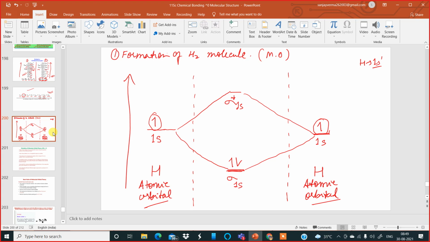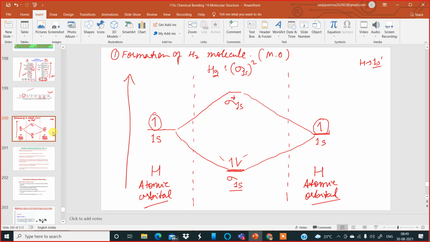Now this is the molecular orbital diagram for hydrogen molecule. This is how we represent sigma 1s. It has two electrons, both are bonding electrons.